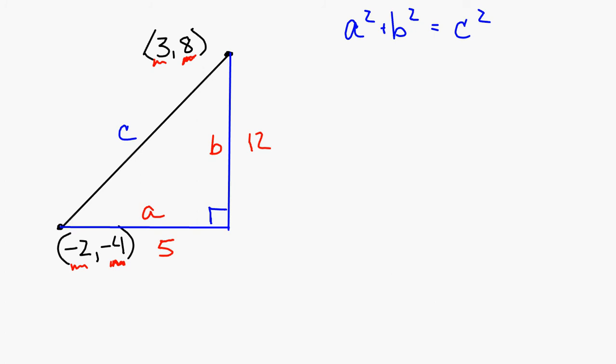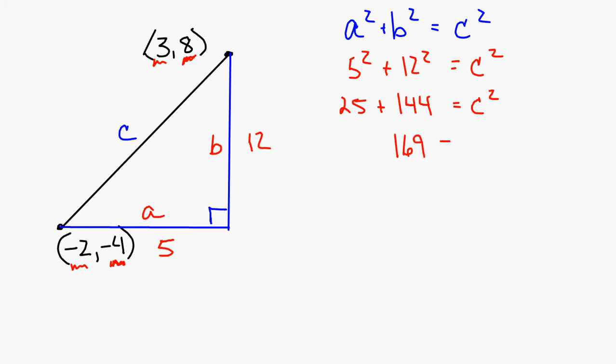Because watch, according to the Pythagorean Theorem, 5 squared plus 12 squared equals c squared. Right? So that means that 25 plus 144 equals c squared. So 169 equals c squared.